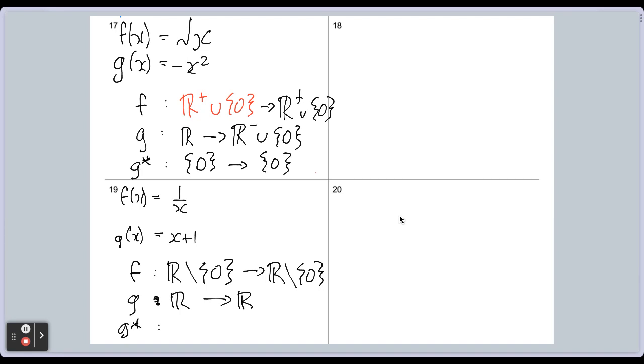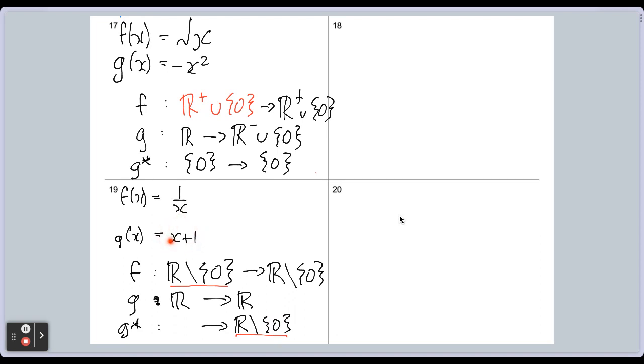So this needs to match up with this, or less than, in which case I'm going to have to erase it. That has to match up. So how do I match that up? Well, if you look at it, g of x is x plus 1. Since I can take any number except for 0, I just need to make sure the output is not 0.